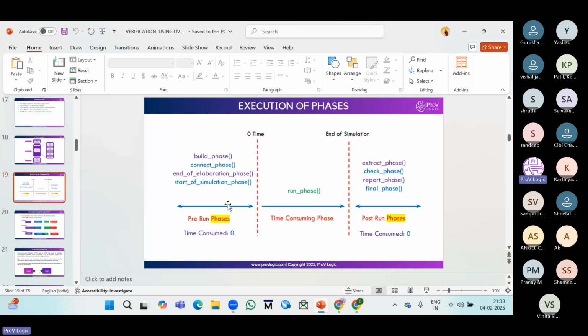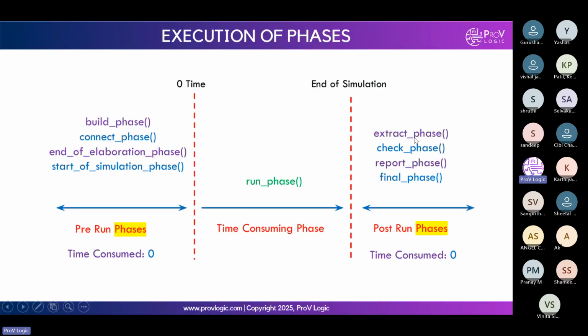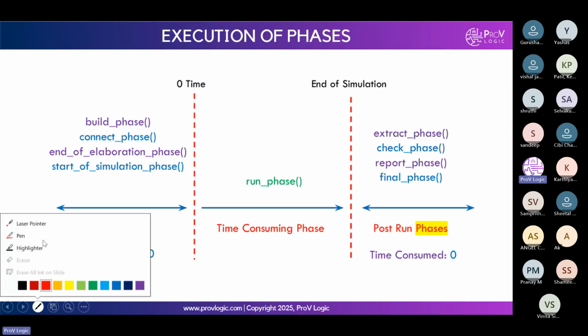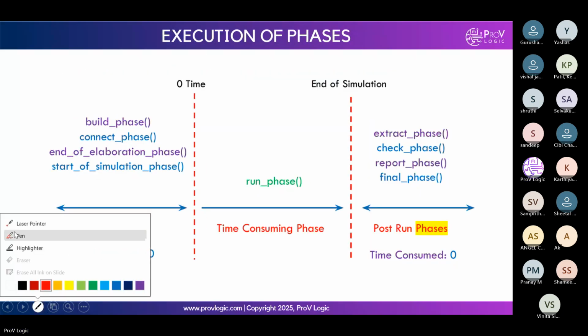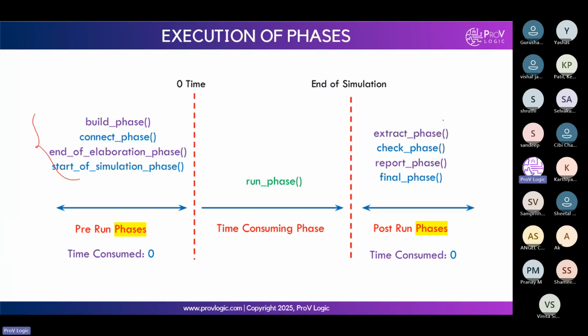At zero simulation time, build phase, connect phase, end of elaboration, start of simulation should be executed. And here in run phase, some run task should be executed, and here finally extract. So if we write functions, all these things will be executed at zero simulation time.